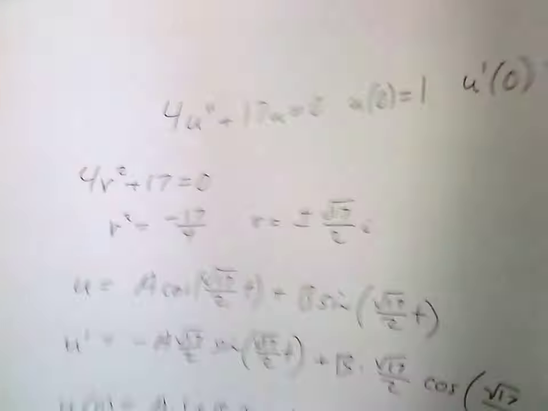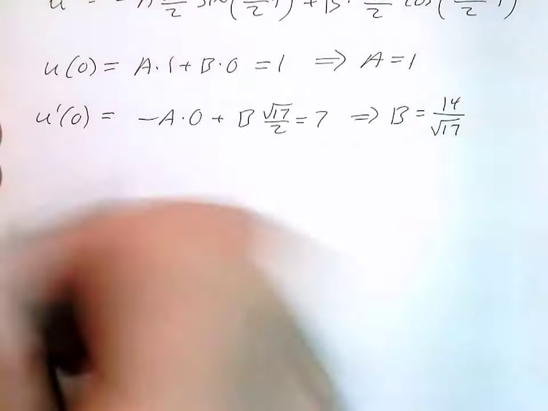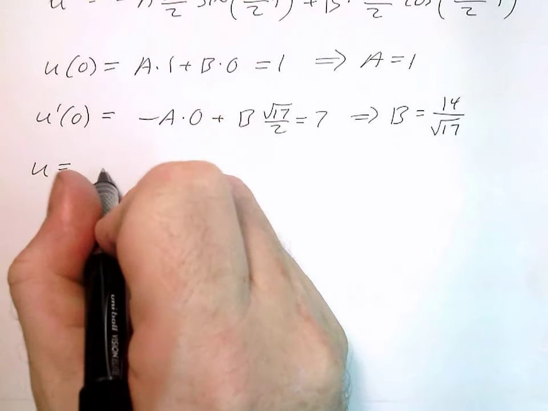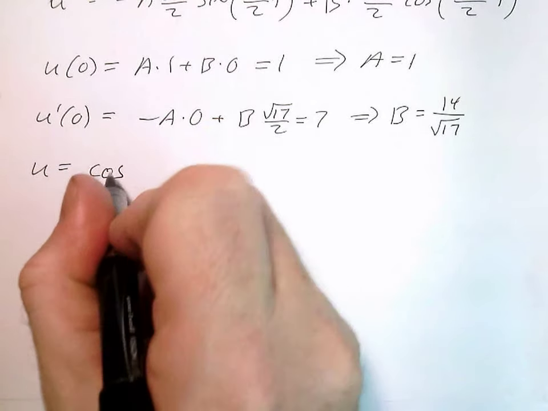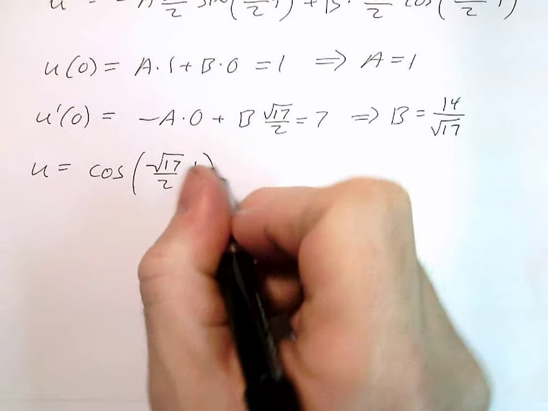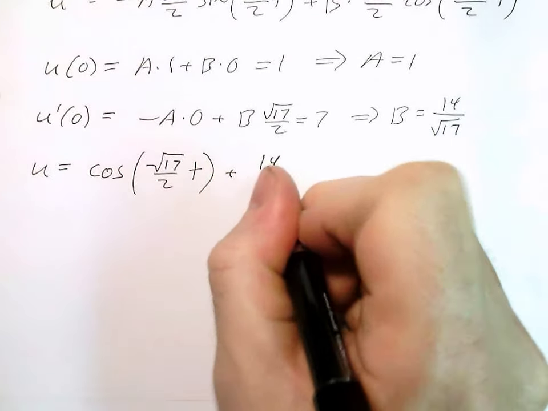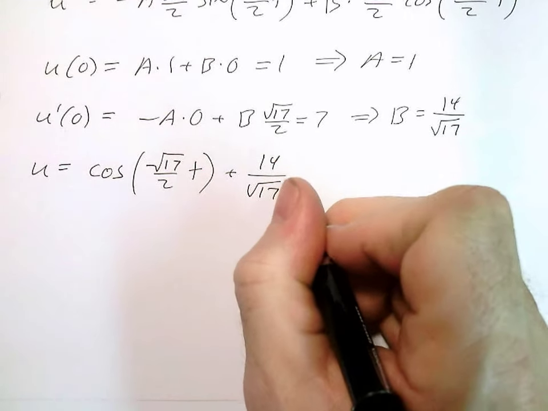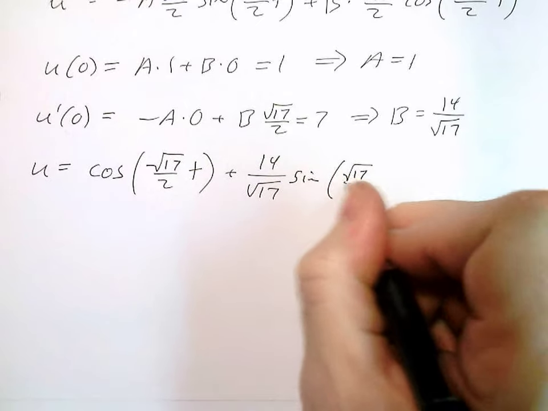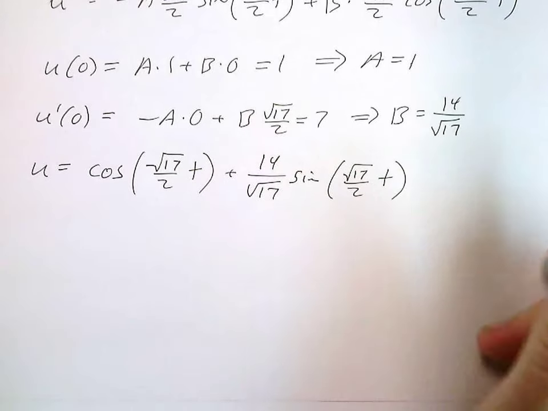So now I have my u here. My u is this: cosine of square root of 17 over 2t plus 14 over square root of 17 sine of square root of 17 over 2t, right?